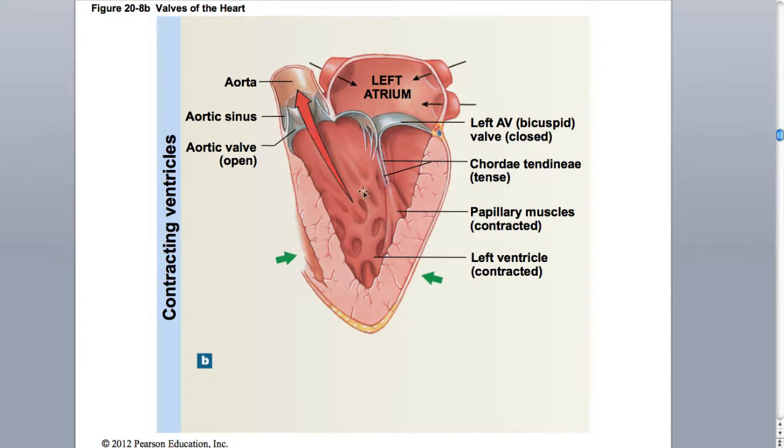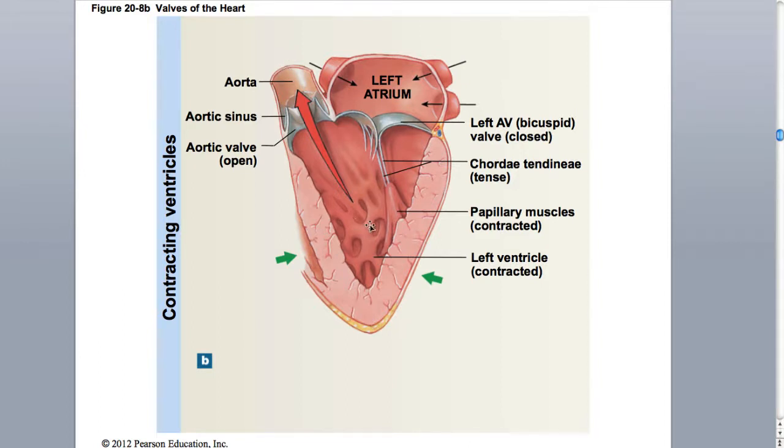Why do they open? Because we have a higher pressure here in the ventricle in comparison to the aorta. So high pressure, low pressure, from high to low. So the contraction or squeezing of the ventricle is going to push the blood out through the aortic valve and into the aorta.